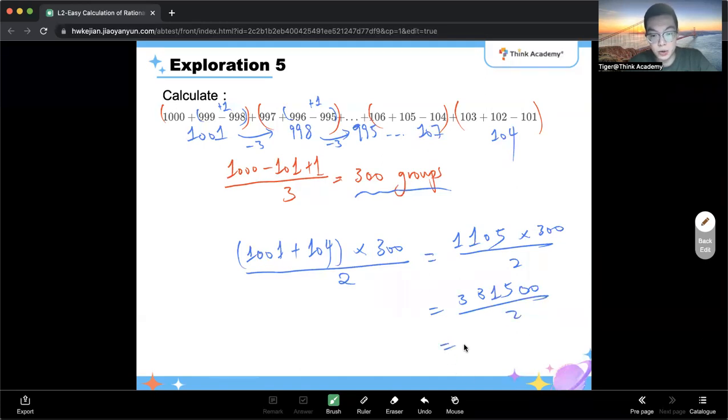And that's going to be equal to 165,750. Yep. Hopefully I'm doing my mental maths right. Yeah. So that's going to be the answer to this question.